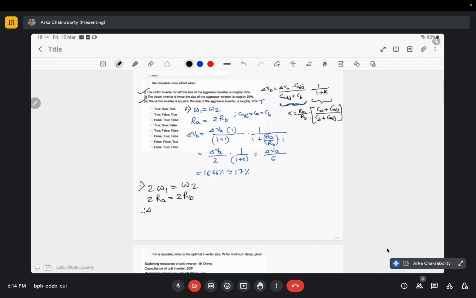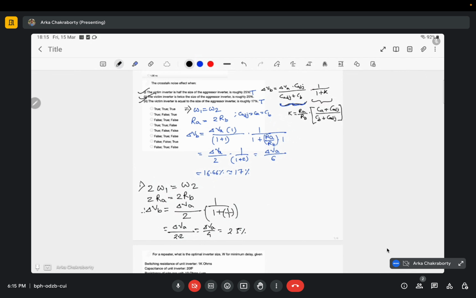Therefore delta VB would be equal to delta VA; this would remain the same, 1 plus 1, that is 2, and this would become 1 by (1 plus RA by RB), so 1 by (1 plus 1). So it will become delta VA by 2 into 2, which is delta VA by 4, equal to 25%, right? So this is also true.